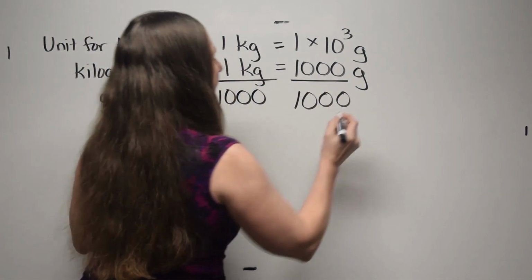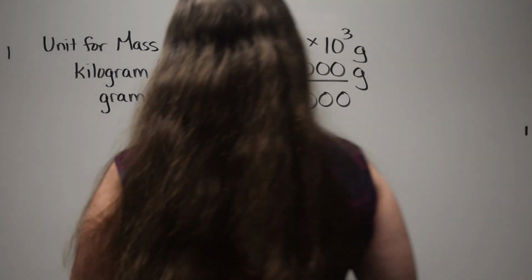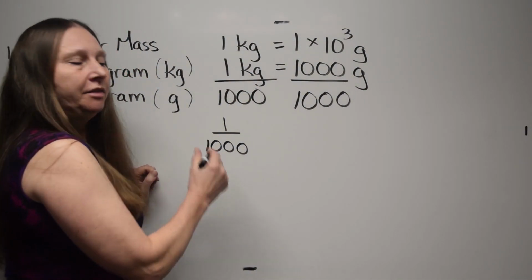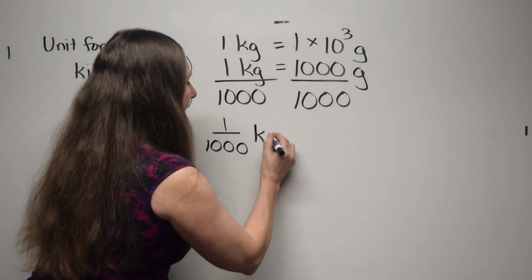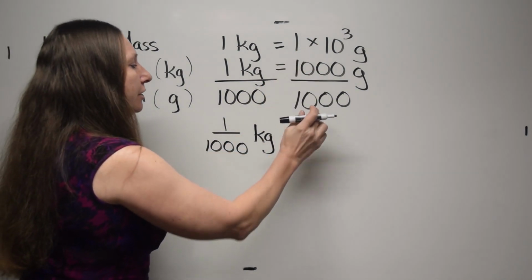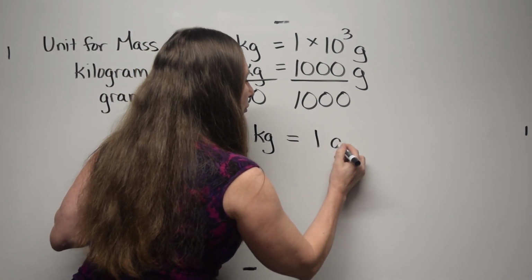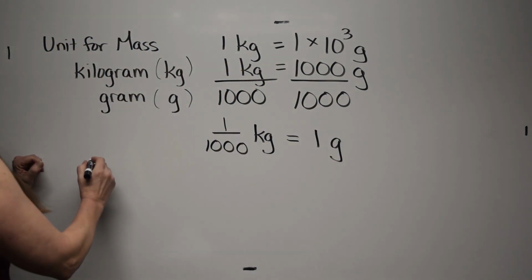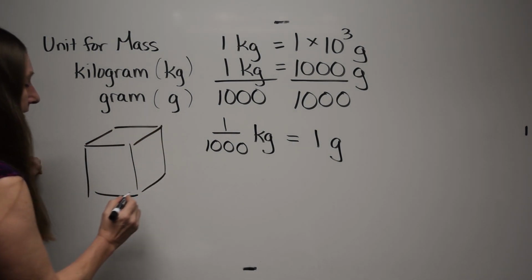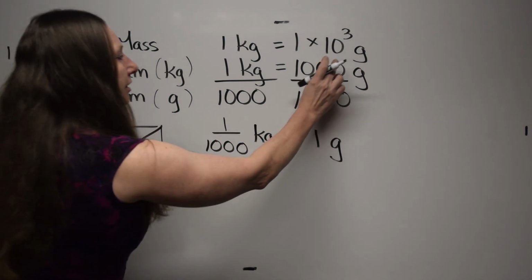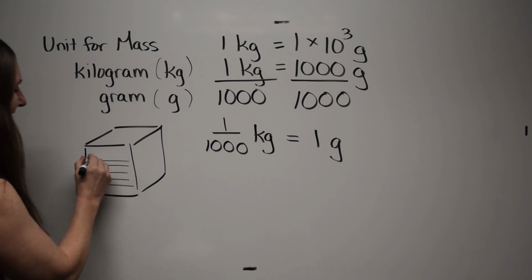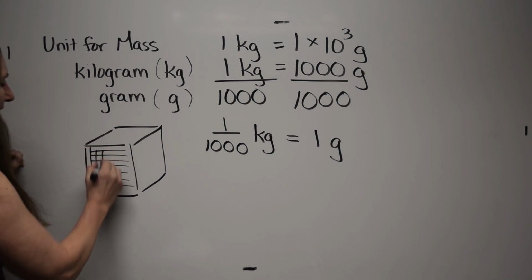And what we will get, so what we have here is 1,000th of a kilogram, right? 1 divided by 1,000 equals 1,000 divided by 1,000, 1 gram. All right, so if this is a kilogram, the big guy, and a kilogram is 1,000 little bitty grams, I'm just going to try to draw some of them. 1,000, right?